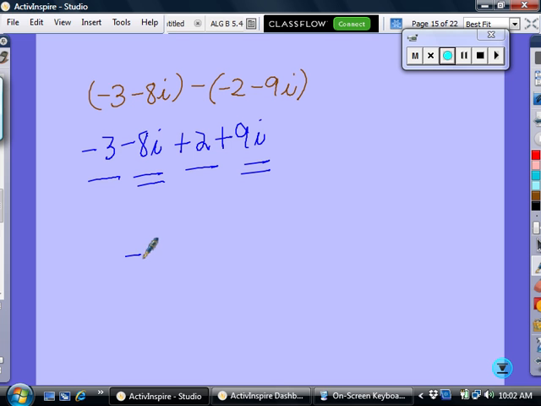The real part comes first, and then the imaginary part comes last. Negative 1 plus 1i. Combining like terms, even if they are weird. You know, square roots of negative 1. We still put them together.